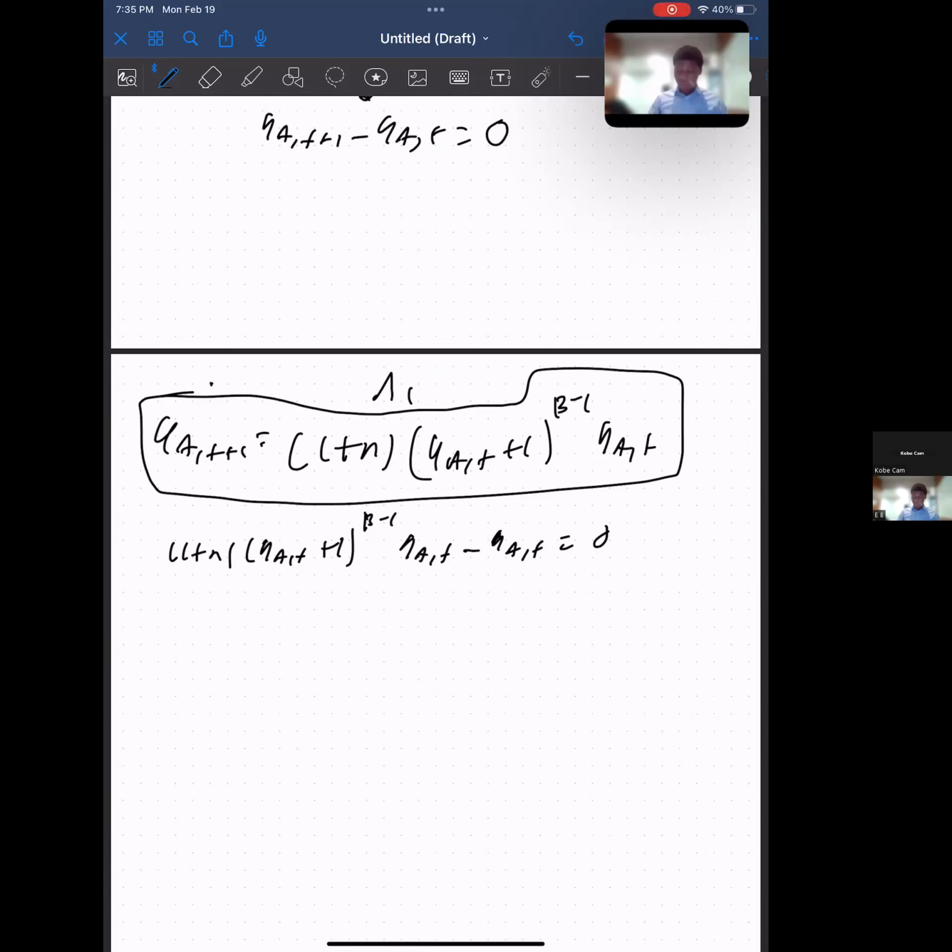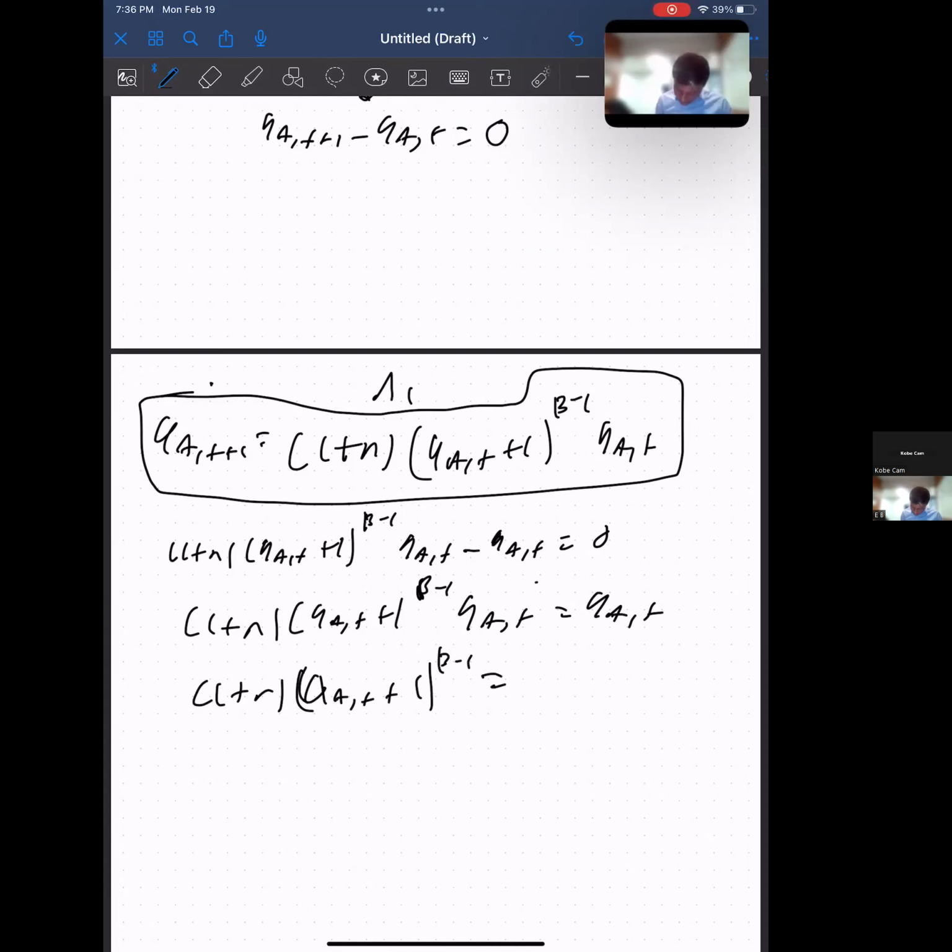Okay, so what's the first step? First off, we could add GAT to both sides, right? Then 1 plus N, GAT plus 1, beta minus 1 GAT is equal to GAT. So look at this. We can just divide both sides by GAT, right? If we do that, then we get 1 plus N, GAT plus 1, beta minus 1 is equal to 1.